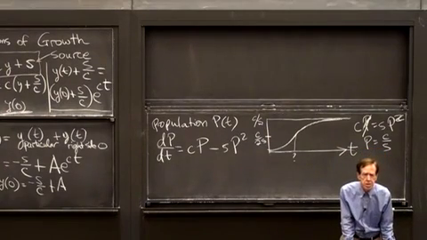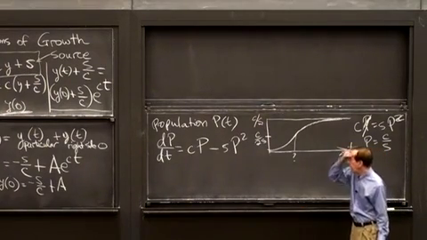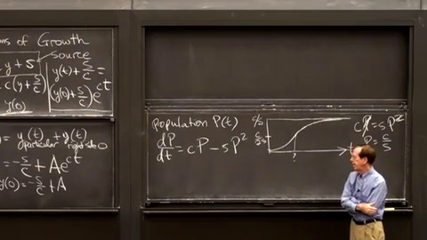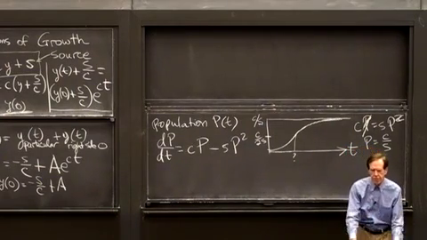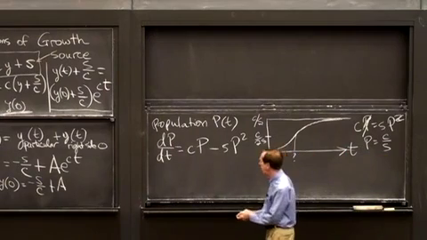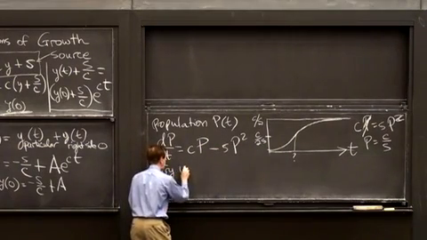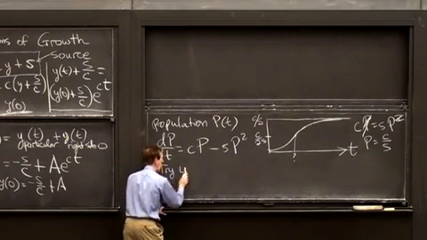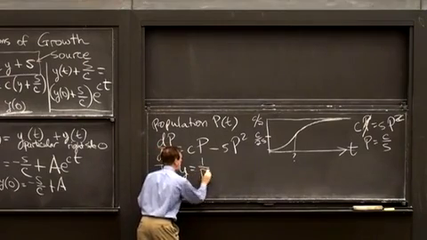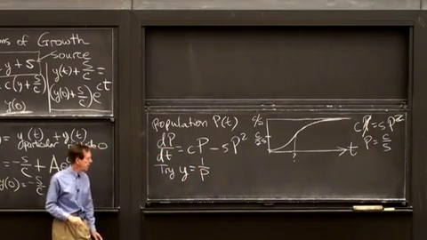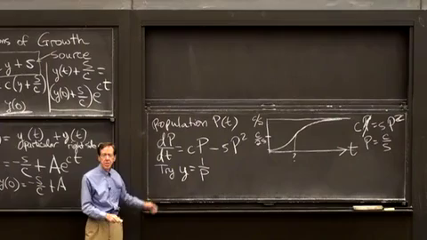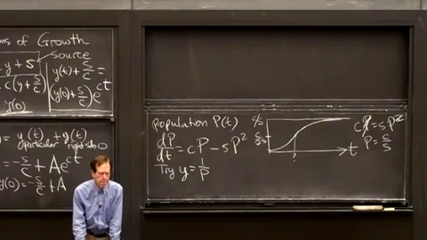Okay, now the math. The math says solve the equation. Okay, how am I going to do that? Well, there are different ways, but here's a rather neat way. It turns out that if I try y, let me introduce y, as 1 over p, then the equation for y is going to come out terrific.